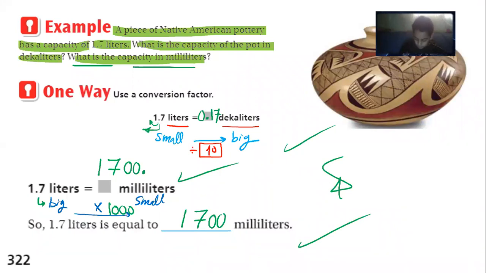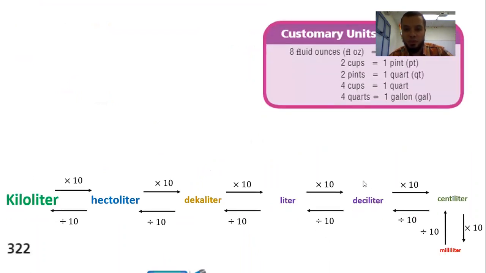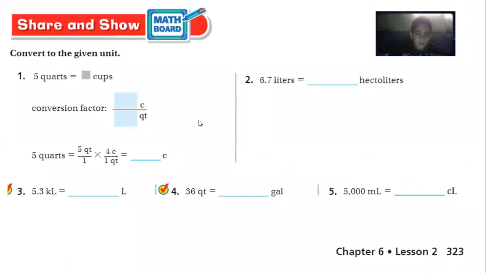When we divide, we move it to the left because the number is going to be smaller. Dividing makes the number smaller, so you move it to the left.